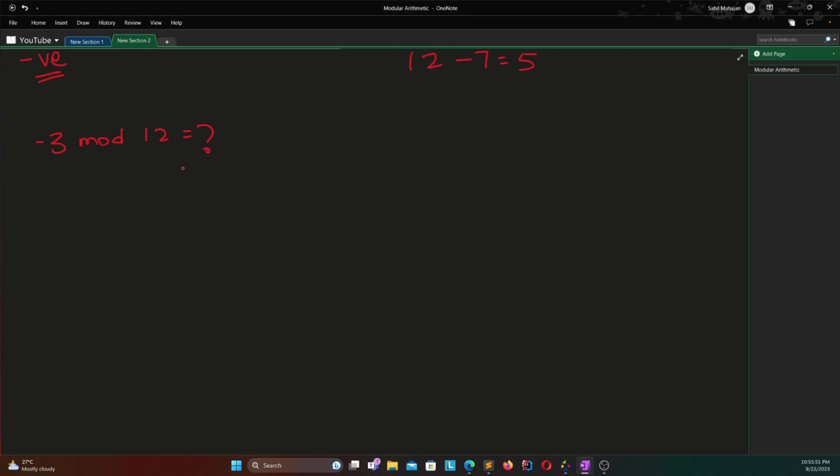This is not required information, but it's good to know, because we will be using calculators to do everything. We have a formula: whenever we have minus n mod k, where minus n is our minus 3 and k is our 12, the formula says k minus n mod k.